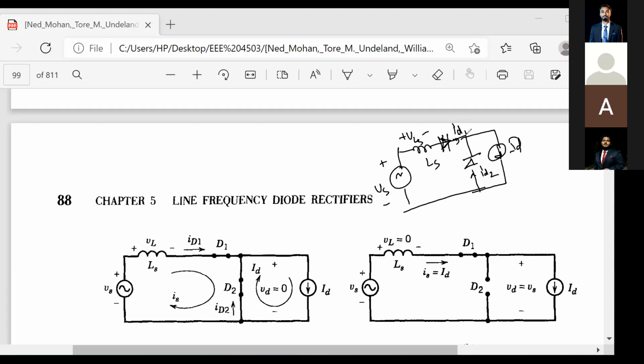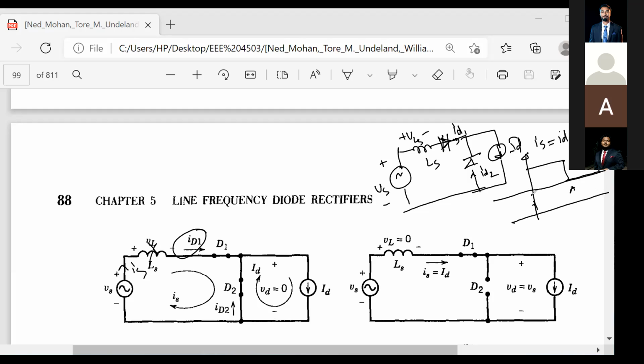And the current, we have seen that IS was like this, pi and this one, and IS equal to, of course, ID1, because look here, ID1 is nothing but IS here, if LS is not there.